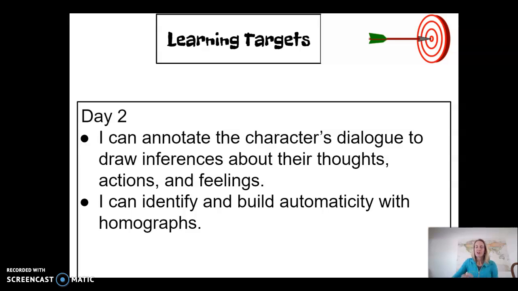And then during our phonics work, we're going to work with homographs. I'll explain more in our phonics lesson, but we're going to work on automaticity, and also identifying homographs.